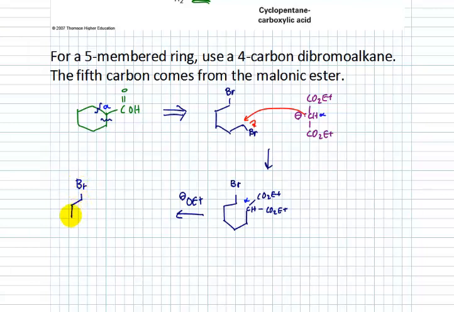There's 1, 2, 3, 4, 5. Last carbon was our alpha. So that's a C minus, CO2Et, CO2Et. That then will displace the other bromine.